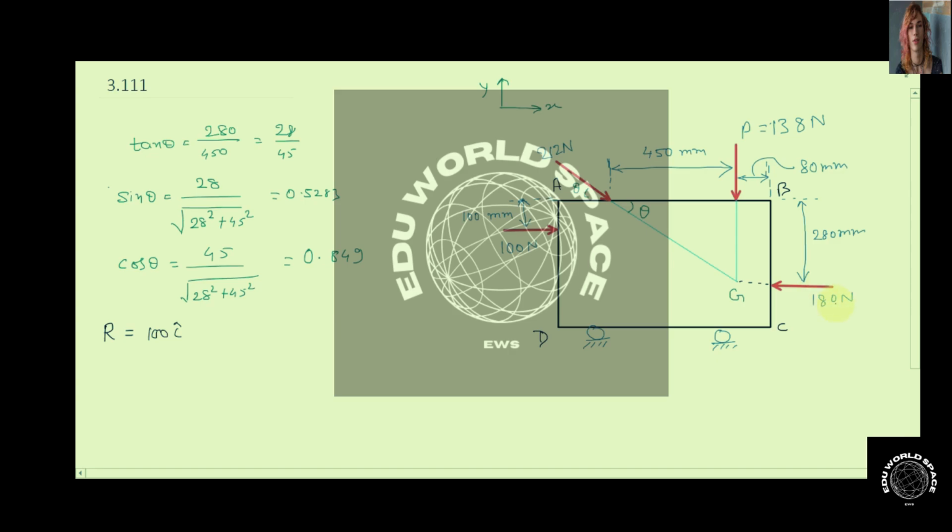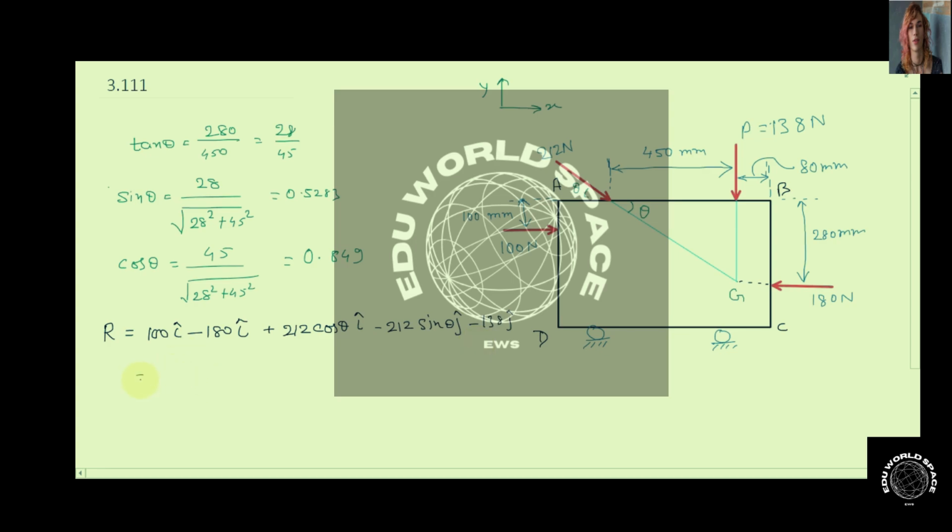This 180 Newton is along negative x-axis, so it will be minus 180 i cap. This 212 Newton force will have 212 cos theta along positive x-axis, so it will be plus 212 cos theta i cap, and it will have a component along the y-axis as minus 212 sin theta j cap. And this P force, that is 138 Newton, is acting in the downward direction, so this will be minus 138 j cap.